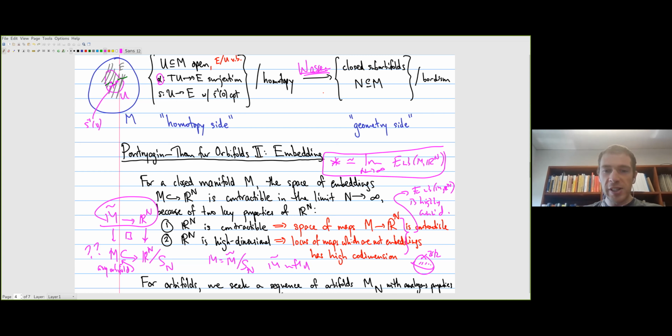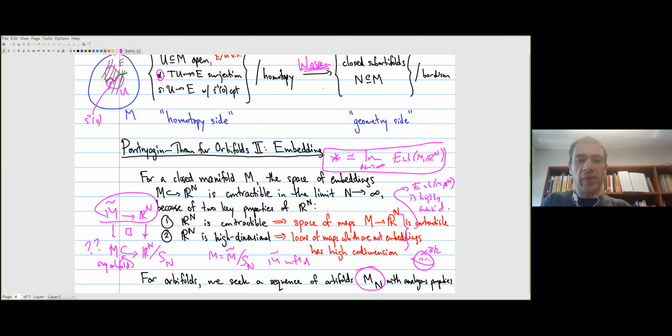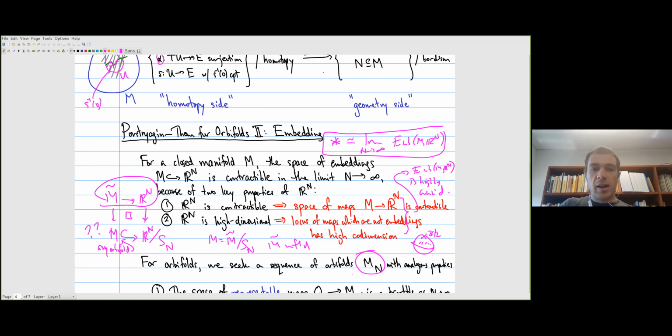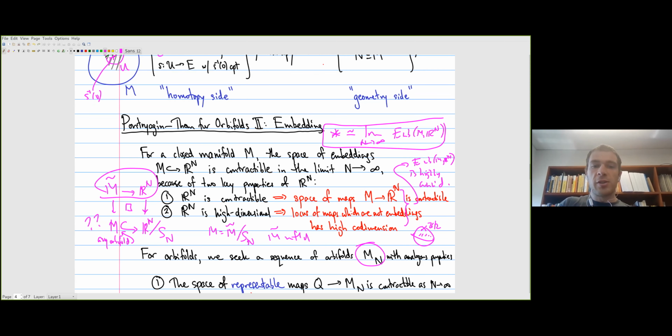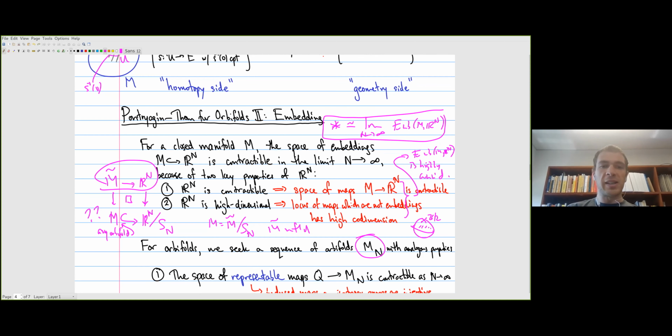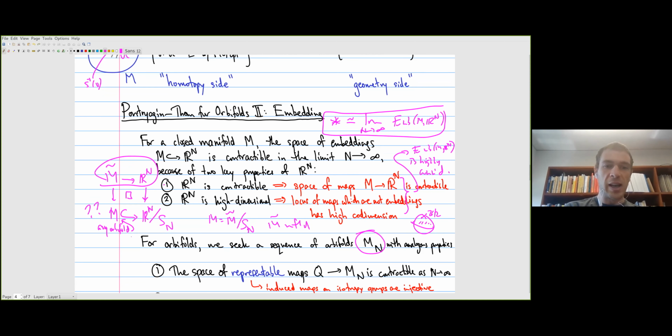Okay, so the sequence of orbifolds Mn that we were looking for is not so explicit. I'll say something about it, but it's somewhat mysterious, at least to me. So first of all, what replaces the first property, contractibility? It's not contractible. The property you need is that the space of representable maps to Mn is contractible in the limit as n goes to infinity.